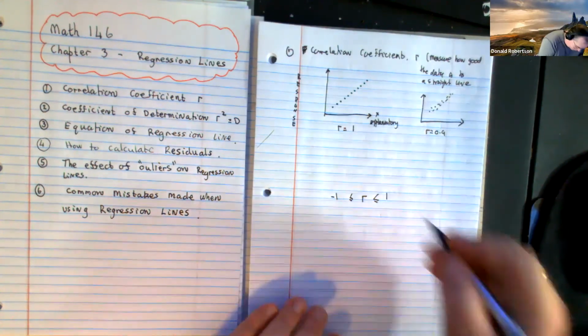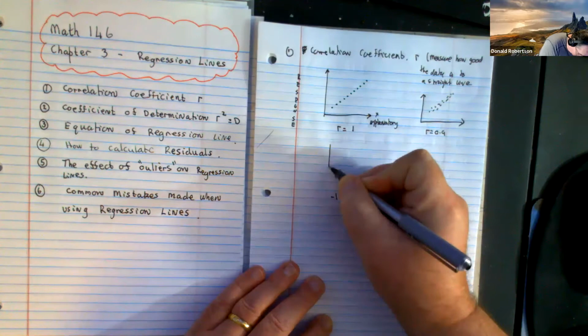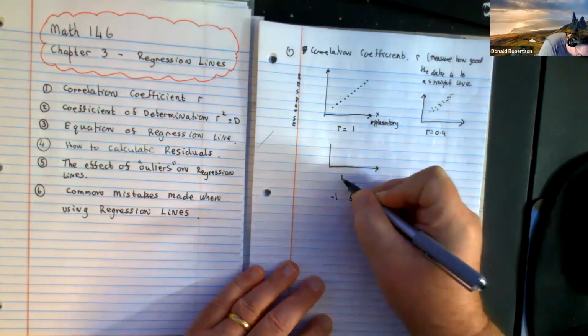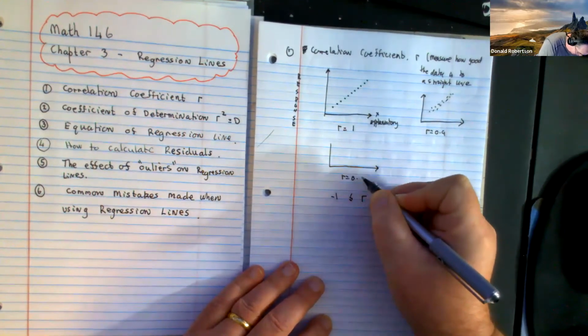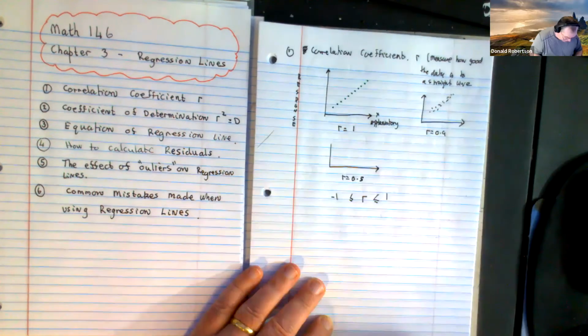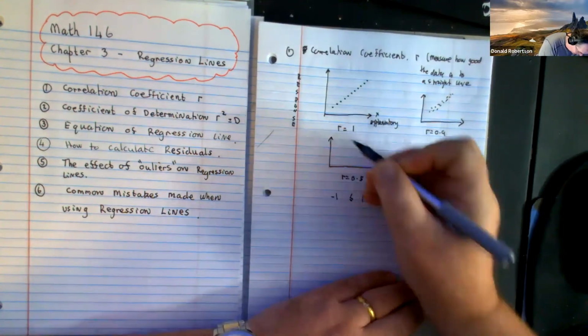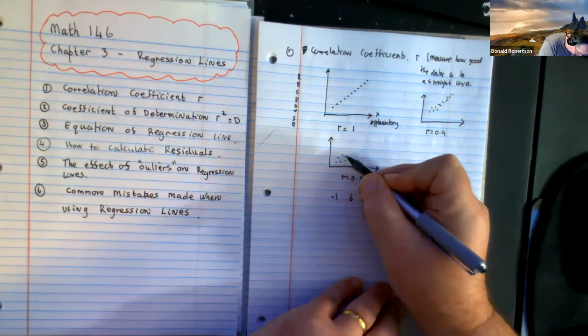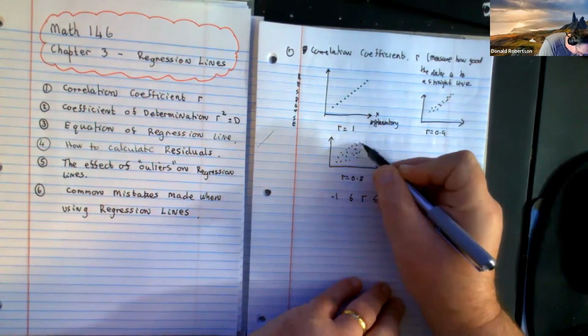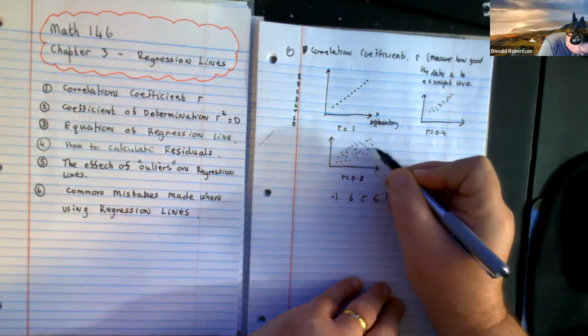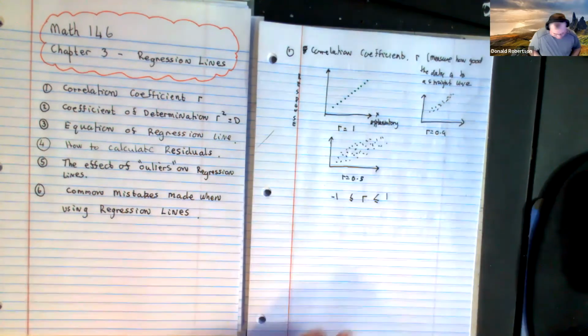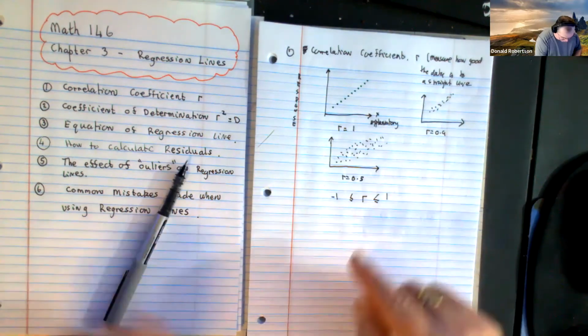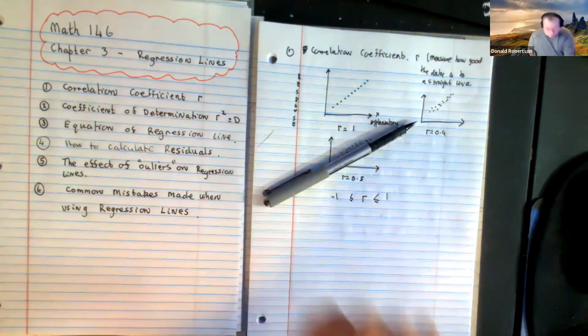Now, you could get something like 0.5. And if the data was 0.5, yes, it would be linear, but would you agree that it's very weak.